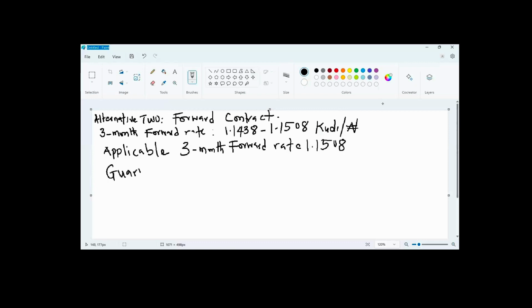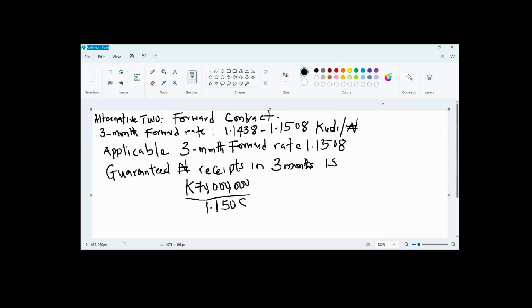Guaranteed naira receipts in 3 months' time is, again, I have indirect quote. 70 million kudi, I'm going to divide. 70 million kudi divided by 1.1508.